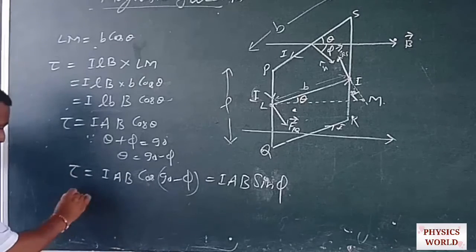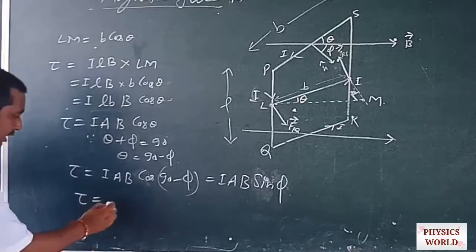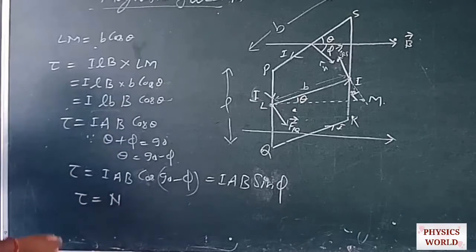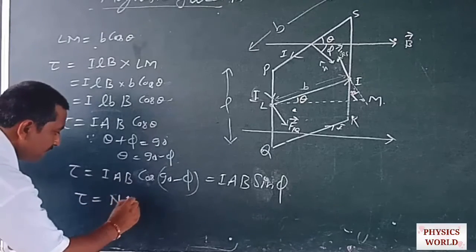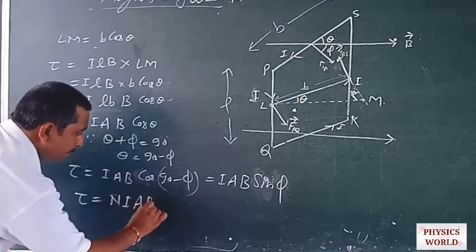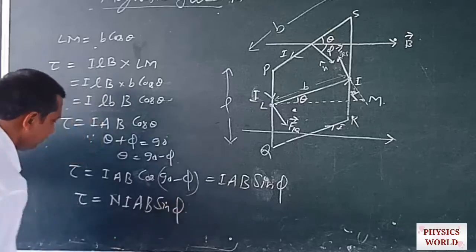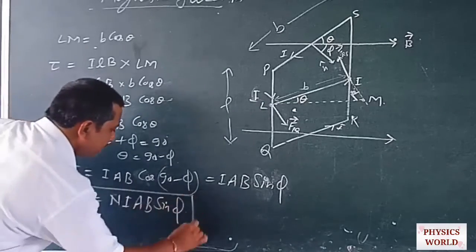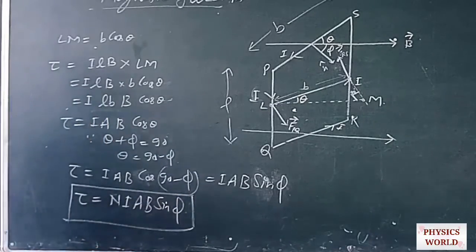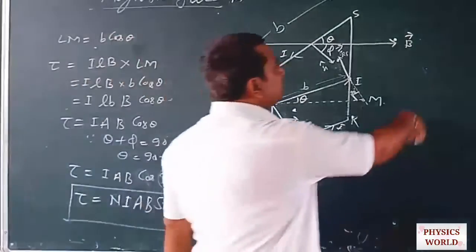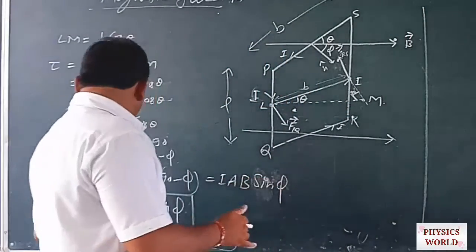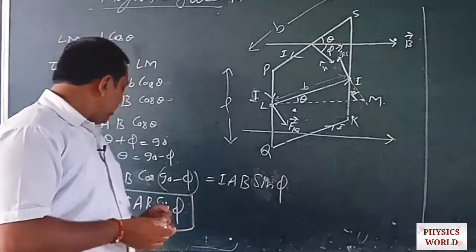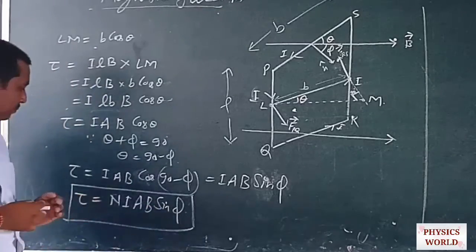So what will be the total magnitude of the torque experienced by such a coil if it contains n turns? It becomes N I A B sine of phi. This is the magnitude of the torque. But if you want to write this value of the torque in vector form, then how can we write it?